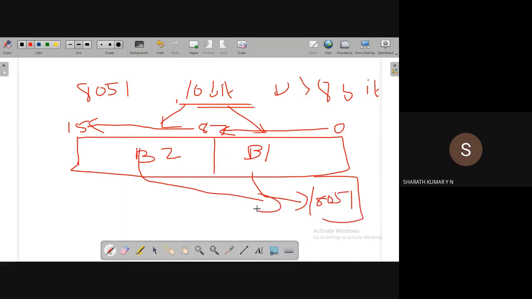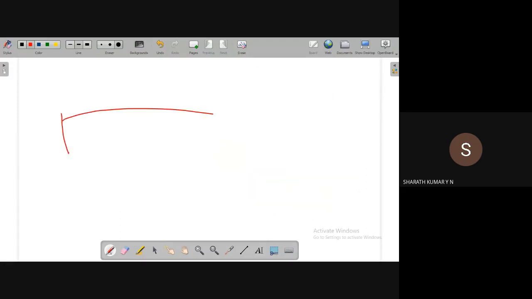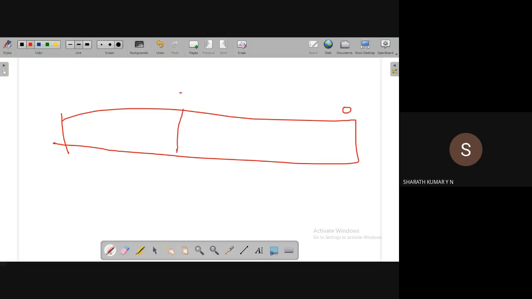The reason is that the 8051 can accept only 8-bit of data at a time, not bigger than that. What if the data is 10-bit? This is possible. Let us say the data is only 10-bit: bits 0 to 7, then 8 and 9.